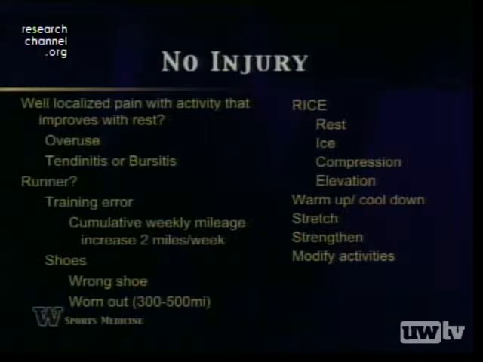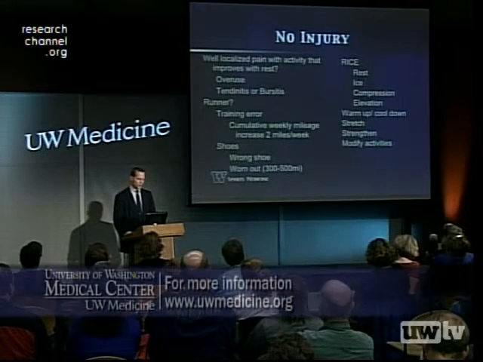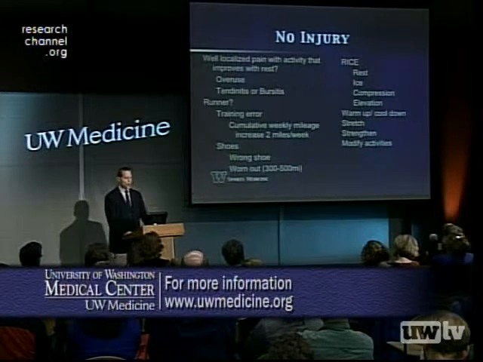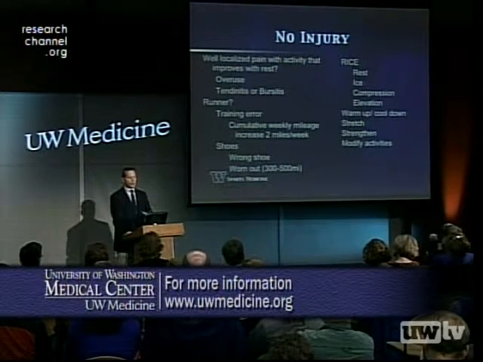The second problem is a shoe problem. Having either the wrong shoes, just because your friends are wearing them and they like them, doesn't mean that it's the right shoe for you. Or your shoe is worn out. And a running shoe only lasts 300 to 500 miles.